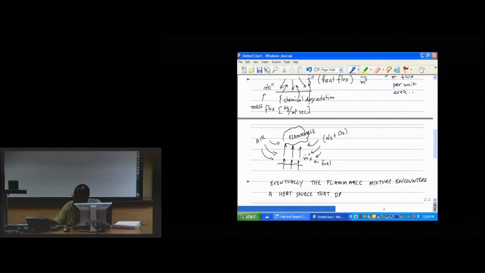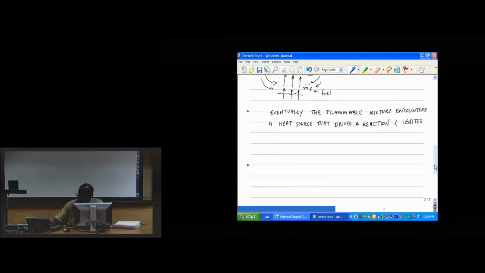So that drives a reaction that overcomes some energy barrier that we'll talk about shortly and ignites a flame. And now we haven't said what a flame is yet, and we're talking sort of generally at this point. We're painting a picture of what types of issues come into play.